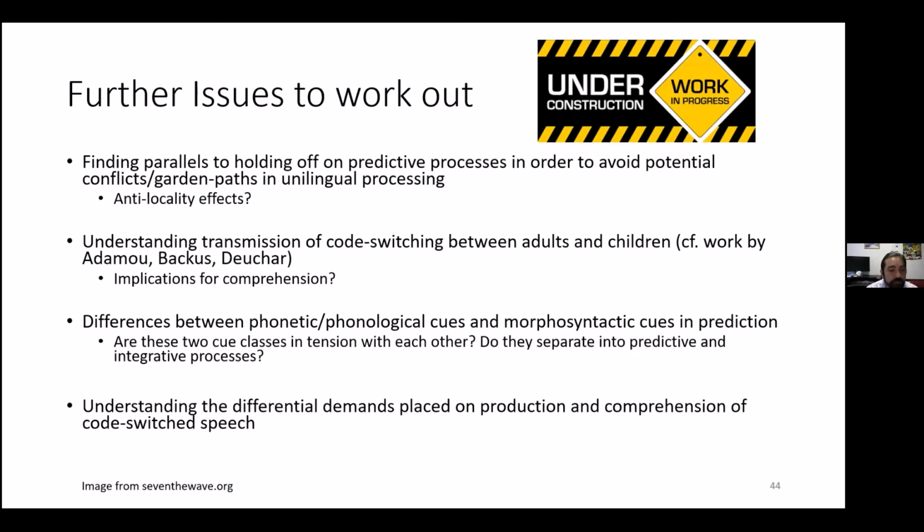I think we need a better understanding of the transmission of code switching between adults and children. So I do think there's some work that addresses this. However, I think we need to be very careful with claiming that the ways that children engage with mixing between their languages carry the whole set of features that adults do when they're engaging with code switching.